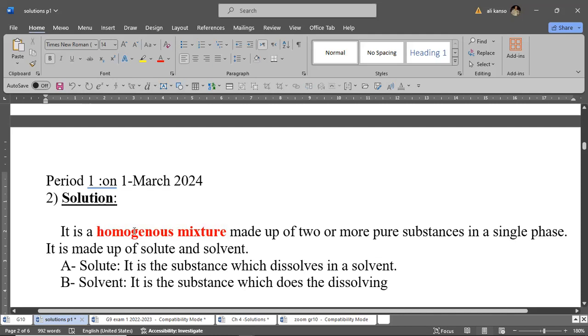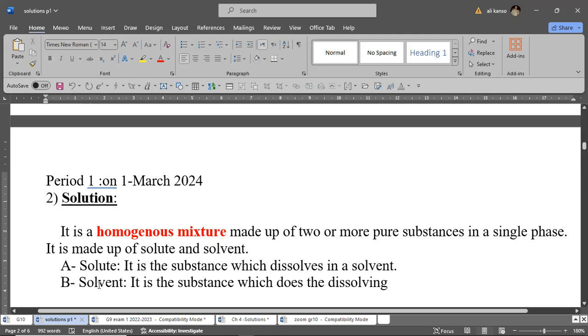So a solution is a homogeneous mixture made of two or more substances mixed together. One will be a solute that dissolves. What is a solute? It is the substance which dissolves in a solvent.